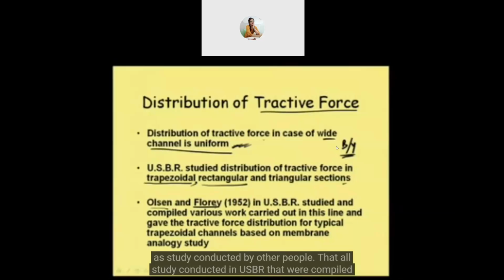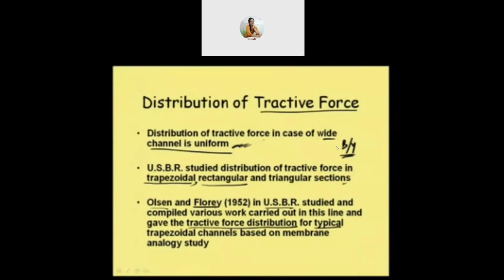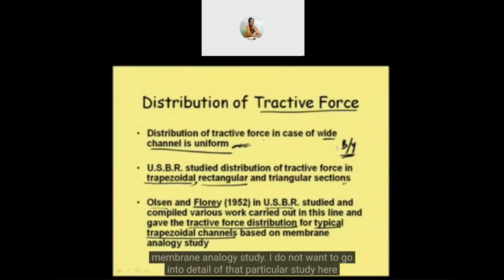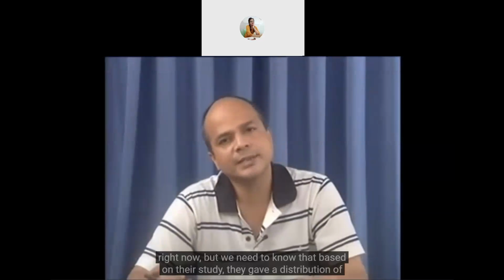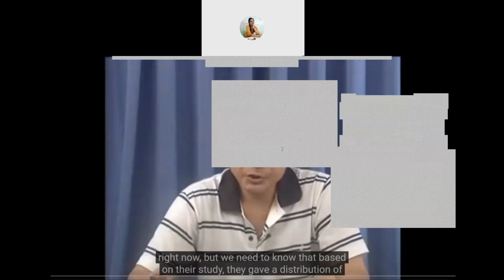All the studies conducted in USBR were compiled, and they gave the tractive force distribution for typical trapezoidal channels based on a membrane analogy study. I do not want to go into the detail of that particular study right now, but we need to know that based on their study, they gave a distribution of tractive force.